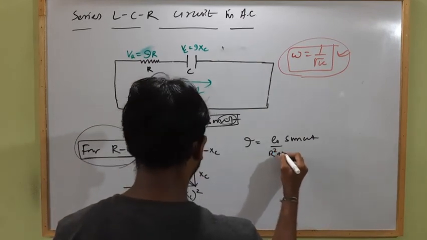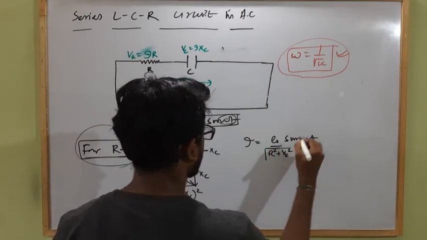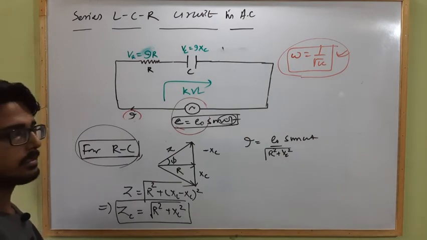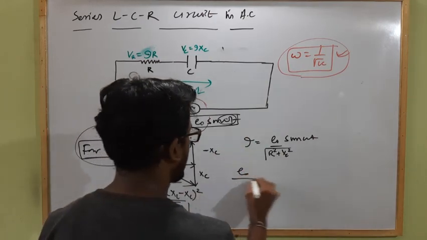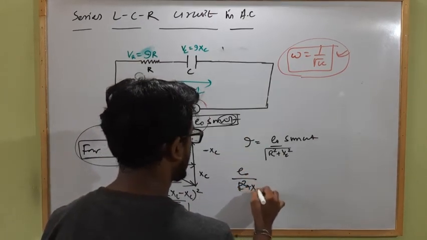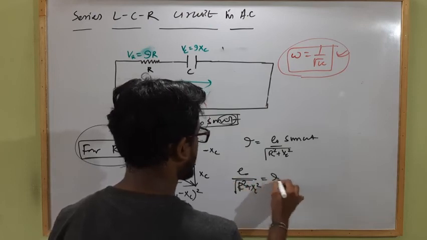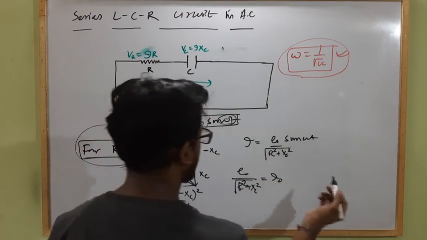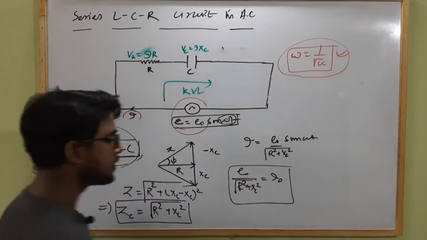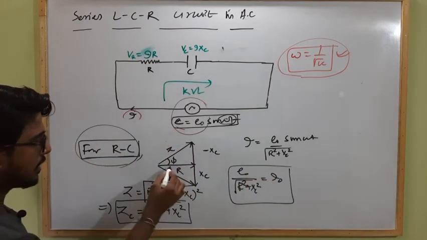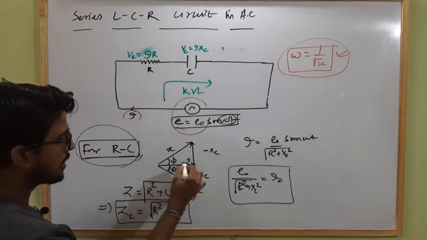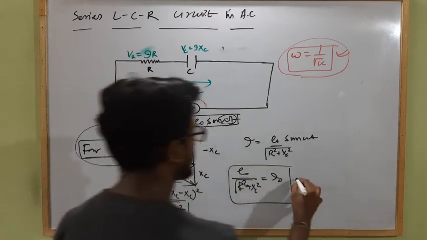Square root of R square plus XC square. Clear? Where E naught divided by the square root of R square plus XC square is known as I naught. Okay, clear? And this is the phi difference, this is I. So the phi difference will become how much?